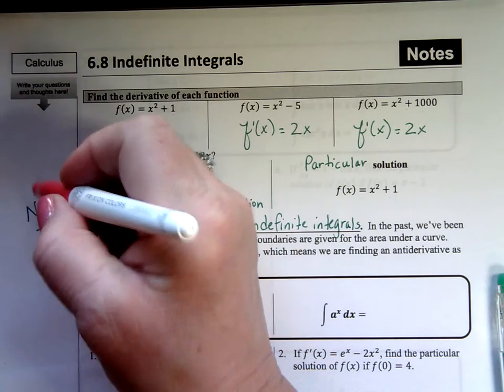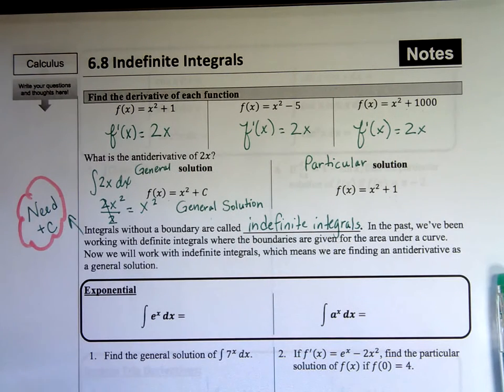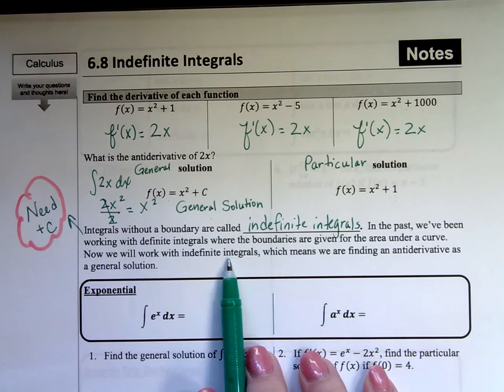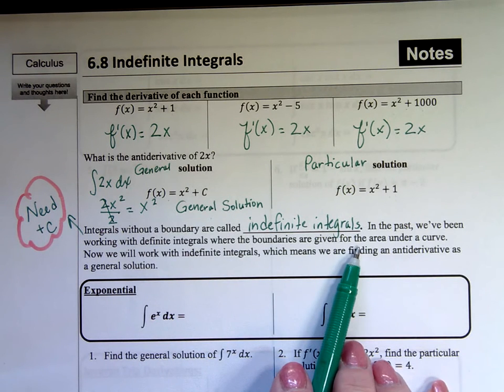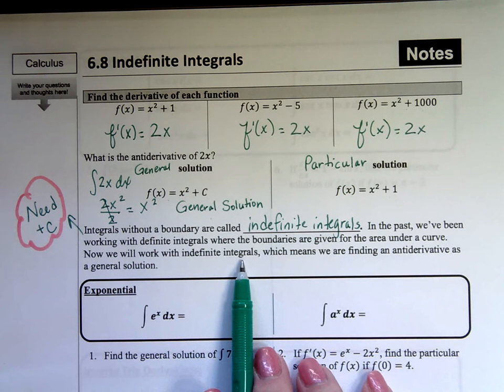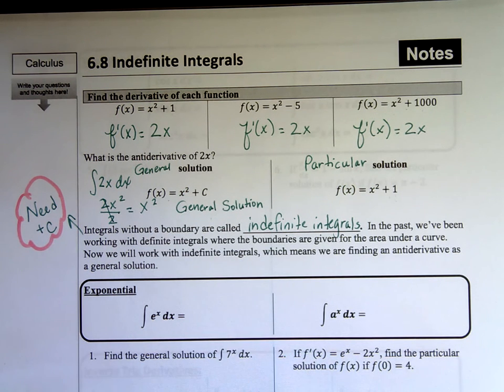So indefinite integrals need that plus c. That's really important. In the past, we've been working with definite integrals where the boundaries are given for the area under the curve. Now we're going to look at indefinite integrals, which means we're finding an antiderivative as a general solution. So they're going to remind us of some of our derivative rules.